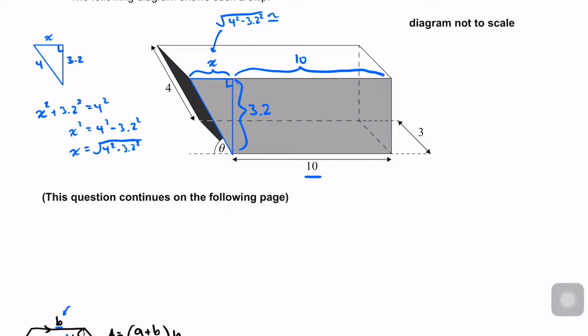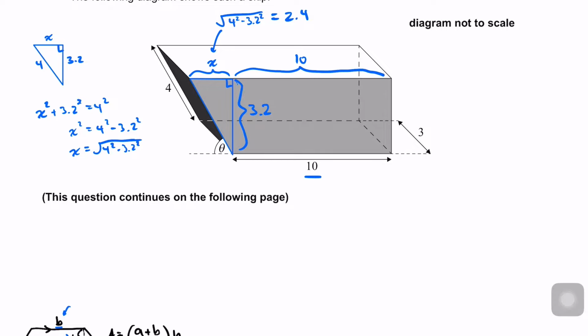I'm going to work that out on the calculator right beside me: 4 squared minus 3.2 squared, and then the square root of that. It approximates pretty nicely to 2.4. That's the actual value, 2.4, without any kind of approximation. And that's kind of nice. So the overall top length from here to here would be 10 plus 2.4, or overall 12.4.